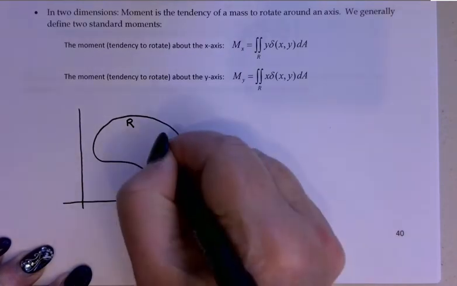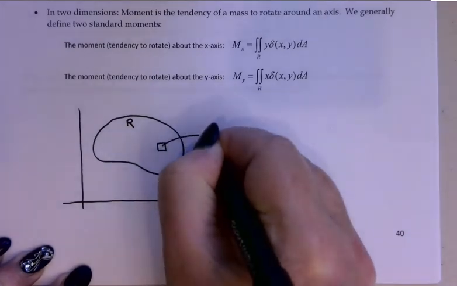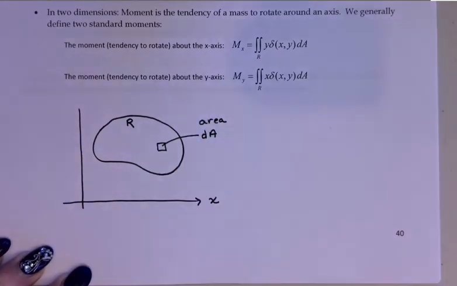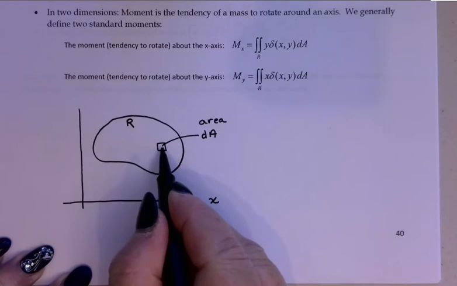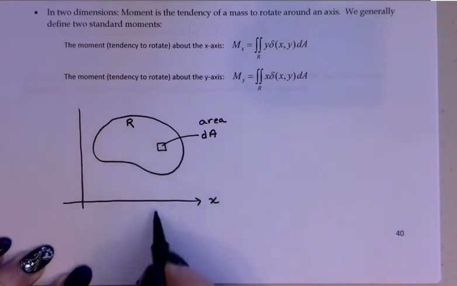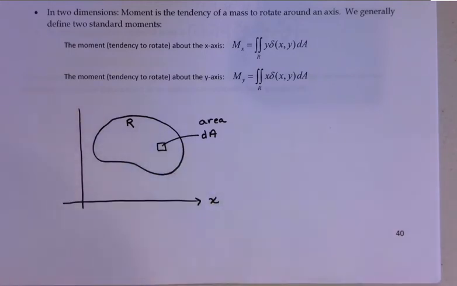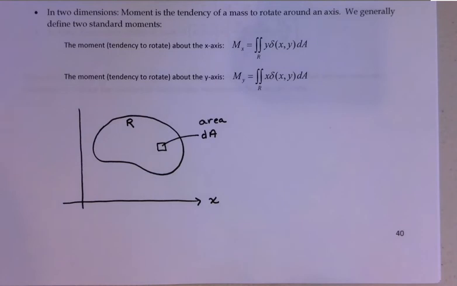Instead, I have to think of little pieces of the area, a little area dA. And I could imagine calculating the moment of that little chunk around the x-axis. I could then add up the moments, or in other words, integrate, to get all of the little pieces that would make up my region R.